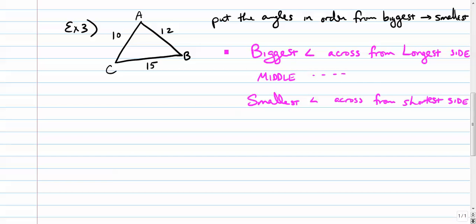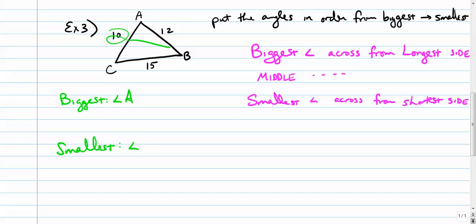So if we're asked to find the biggest angle here, it's going to be the angle that's across from the biggest side. The biggest side is 15, so the biggest angle is angle A. The smallest angle is across from the smallest side.